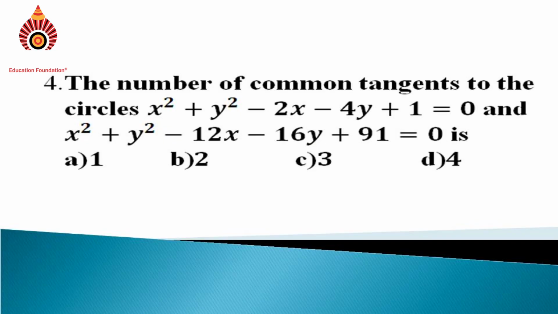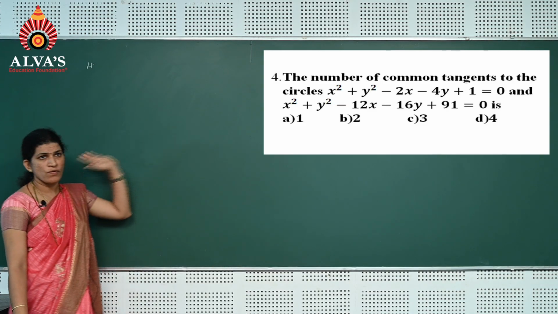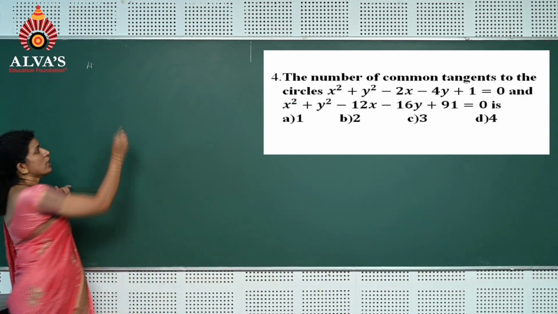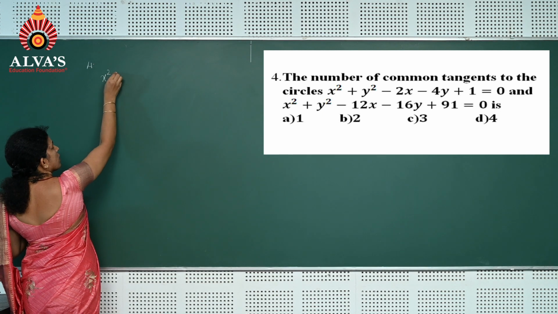Come to the fourth question. The question is, the number of common tangents drawn to the circles x² + y² - 2x - 4y + 1 = 0 and x² + y² - 12x - 16y + 91 = 0. See, the number of common tangents we want. Equations of the two circles are given.